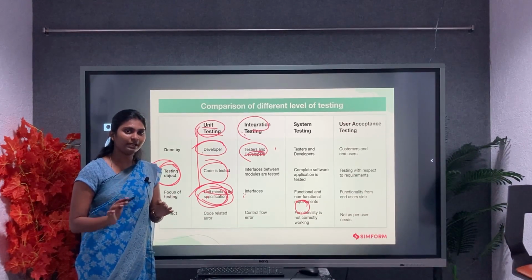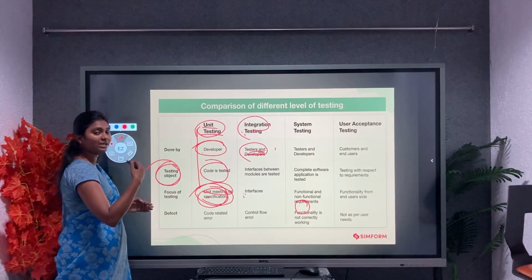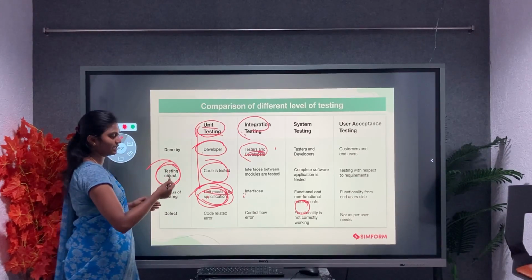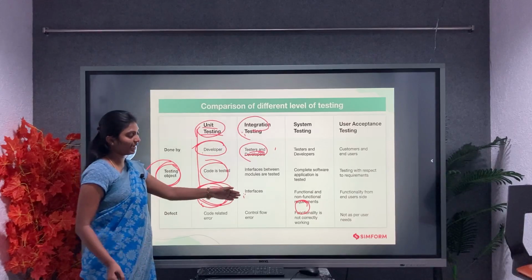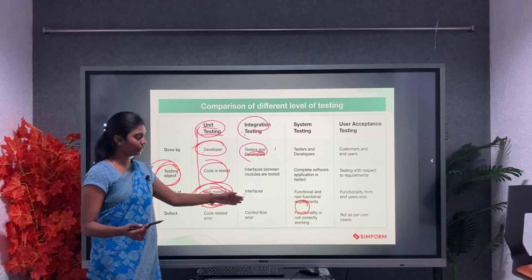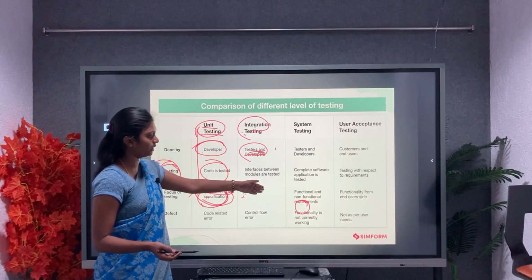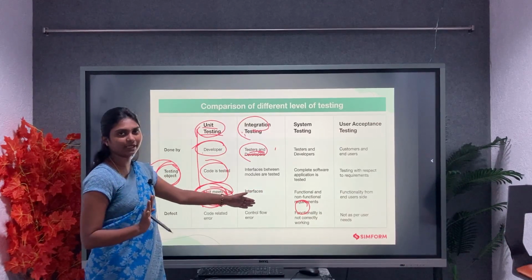This is the focus: how we are interacting at each level. Unit testing meets the specifications, integration interacts with the interfaces of two modules, system testing interacts with the functional and non-functional requirements, and lastly user acceptance testing interacts with the user functionalities only.